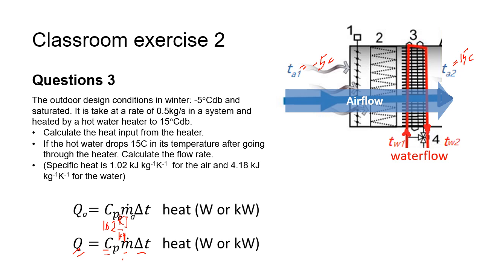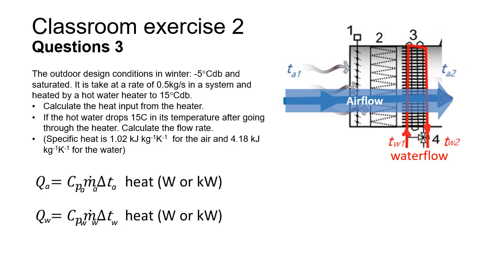Okay, so now we apply this. We add all the subscripts to represent that this is air. And similarly, we put W to represent that this is for water. Now let's see what the questions are. So here it asks to calculate the heat input from the heater.